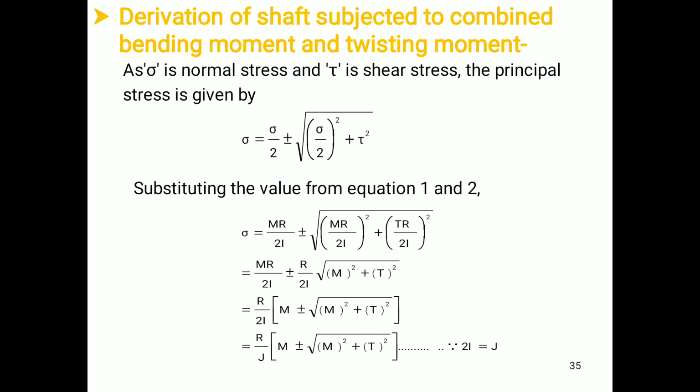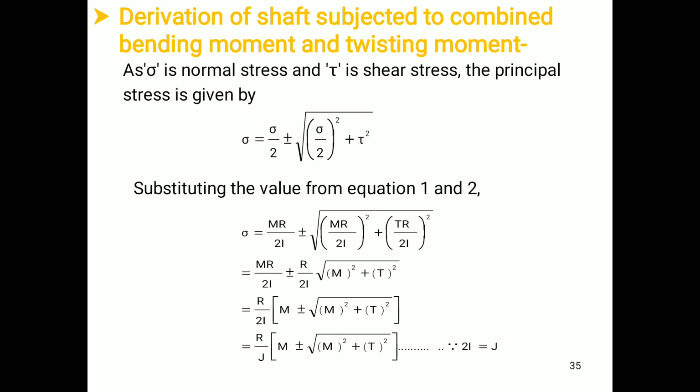So we will have sigma is equal to M R upon 2I plus minus under root of (M R upon 2I) square plus (T R upon 2I) square. After rearranging this equation, taking all the common terms out of the square bracket, R upon 2I is common, and as it is a square, it will come out of the square root.